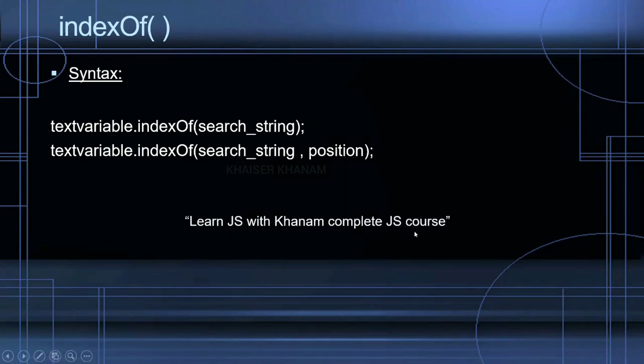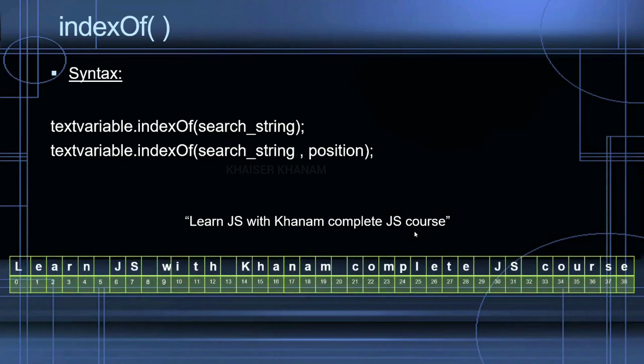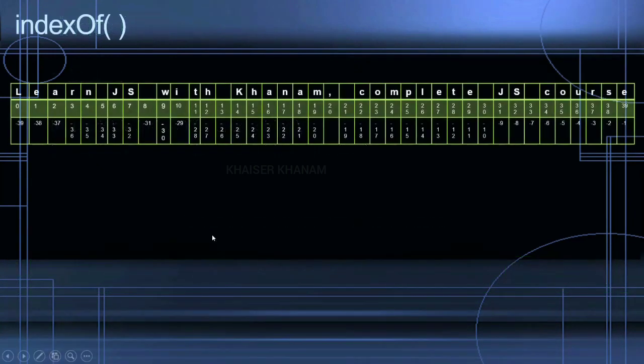Now using this text, we will be seeing our example. For all these letters, we are having this index number, and for space also an index number is included. You should always remember this. Space will also be having an index number. Now we will be seeing some examples.